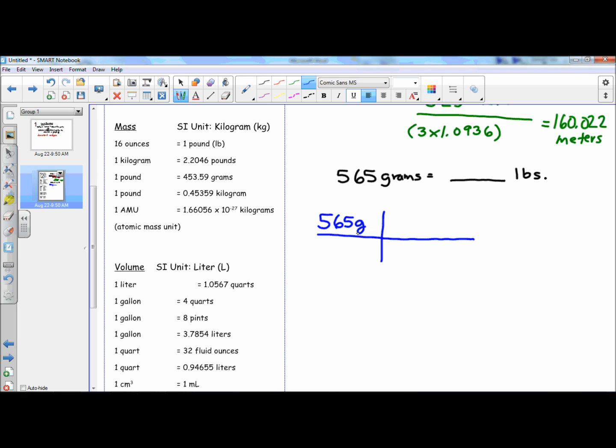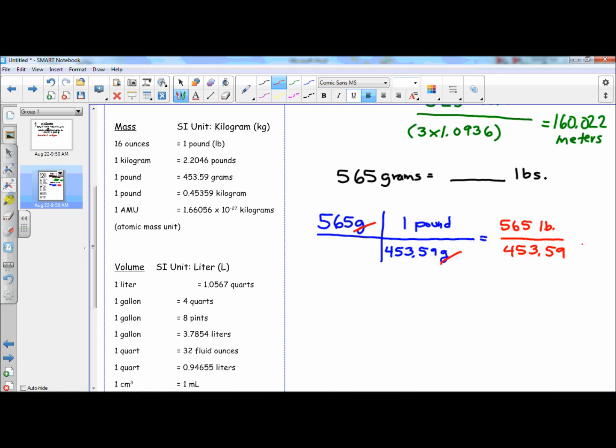So I just need this relationship, and that's all I need. Now, I have to start with canceling the grams. So I need the 453.59 grams to go in the bottom so I can cancel the grams. That means that the 1 pound, or LB, goes on the top. Okay. Now I can cancel the unit of grams, and I have 565 pounds over 453.59.